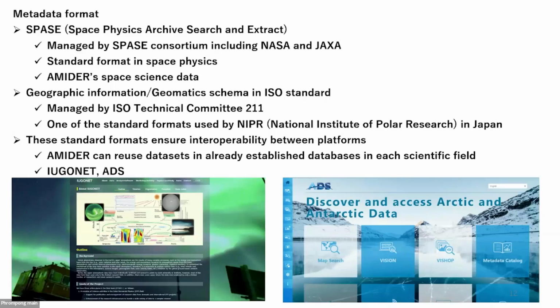So Amida can use datasets already established in each field. At the current moment, one of Amida's main contents came from IUGONET. It's a solar terrestrial science database in Japan. And ADS is a standard database like here.